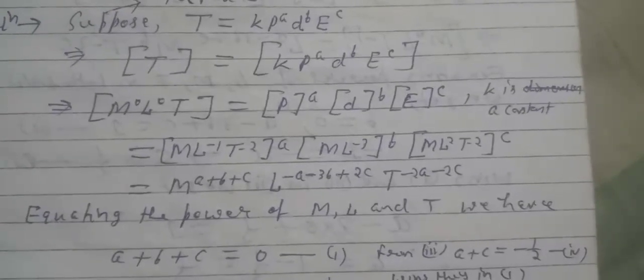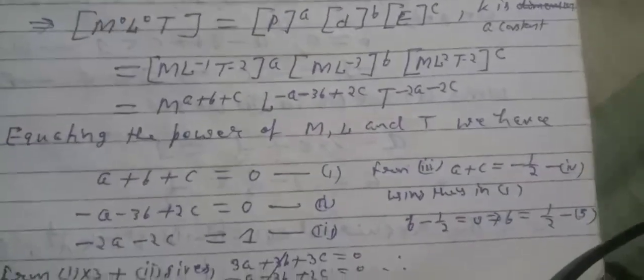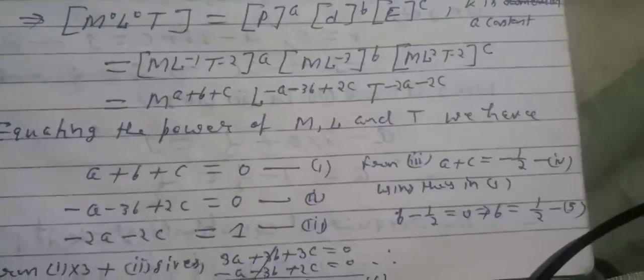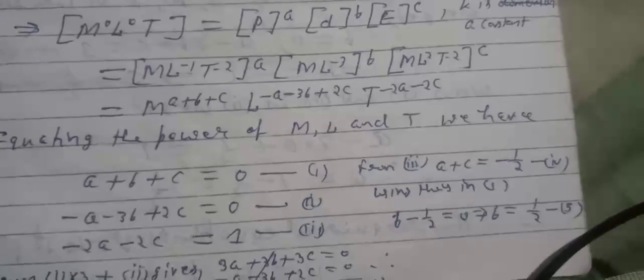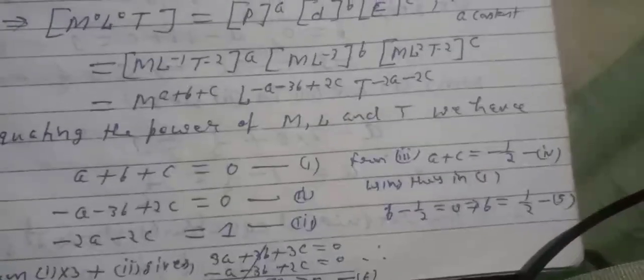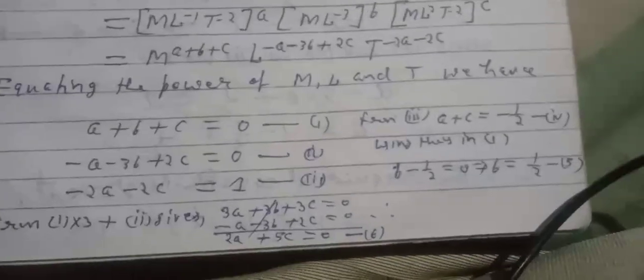Now using the principle of homogeneity, equating the powers of M, L and T on both sides, we have a plus b plus c equals 0, minus a minus 3b plus 2c equals 0, and minus 2a minus 2c equals 1. From the third, a plus c equals minus 1 by 2, equation 4. Using this in 1, we get b equals 1 by 2.